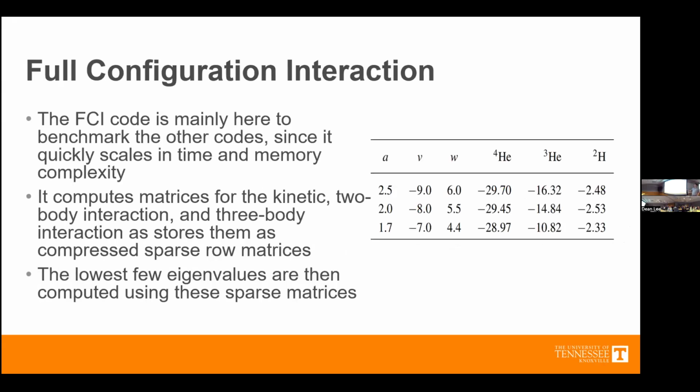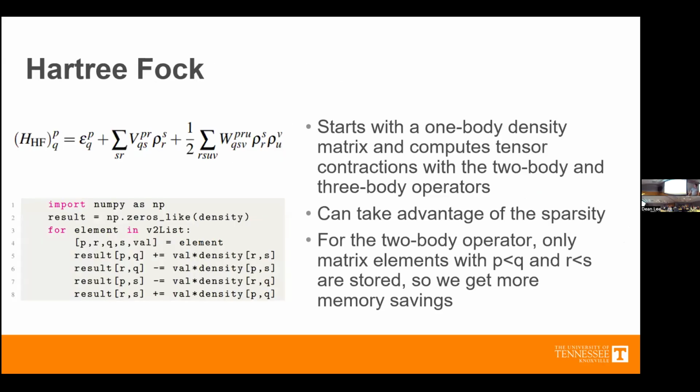We can see some results from the FCI code, which is mostly here to benchmark the other codes because it can't run on large lattices or large A's. It computes the matrices for the kinetic, two-body and three-body interaction, stores them as compressed sparse row matrices, and then the lowest few eigenvalues are computed.